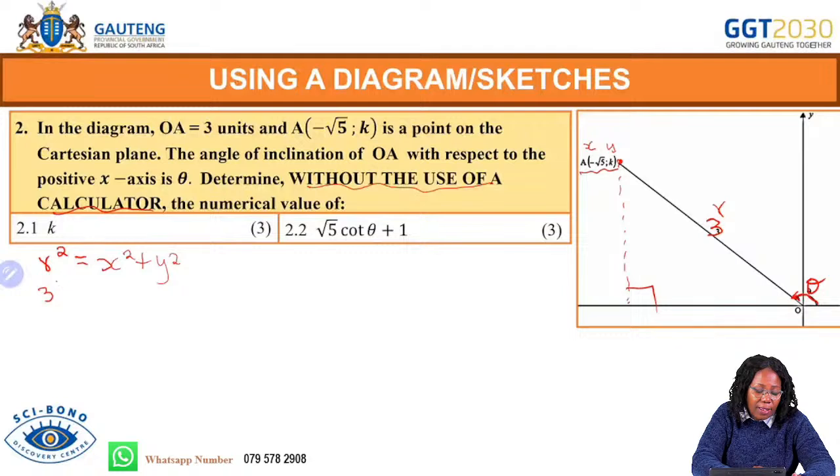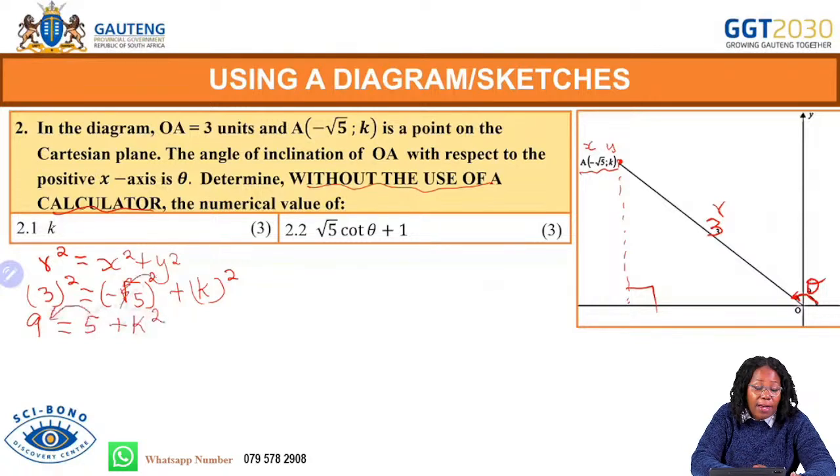R is 3 there, that will be 3 squared, equals to the x is minus square root of 5 squared, the y is k squared. 3 squared is 9, a negative by negative is a positive, and then these two will cancel the square root sign. You are left with 5 there, plus the k squared.